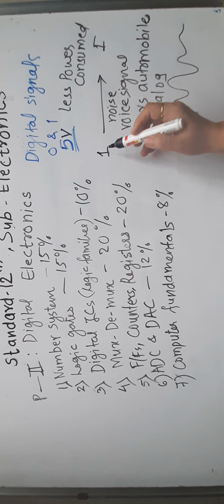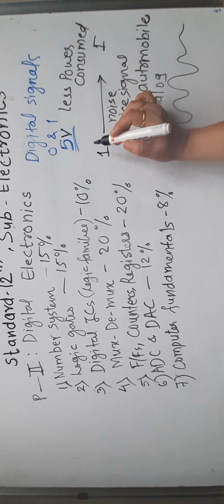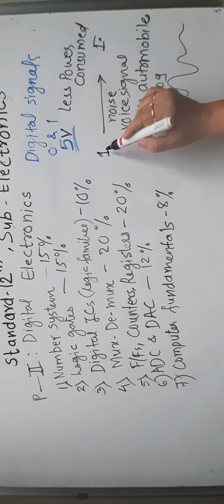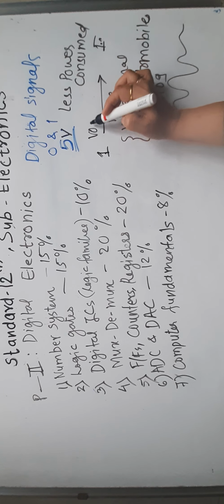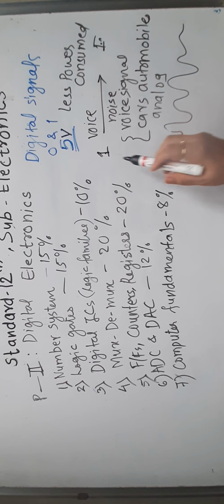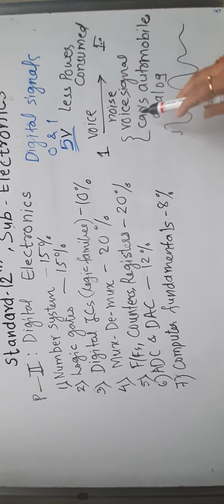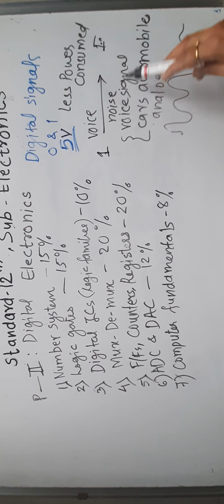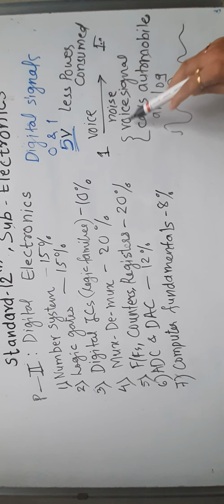So when a signal is transmitted, let's take the example of a mobile or cell phone signal. One user is talking from this place to this place. When the signal is transferred, the signal is a voice signal. If the signal is transmitted in analog form, there is a chance of addition of such noise signals, that is, signals due to ignition of automobiles or any man-made signal.